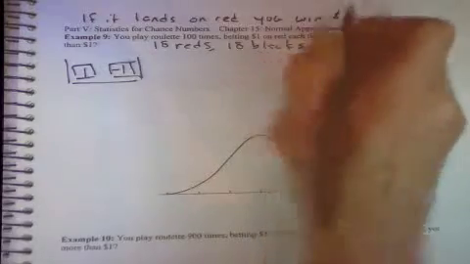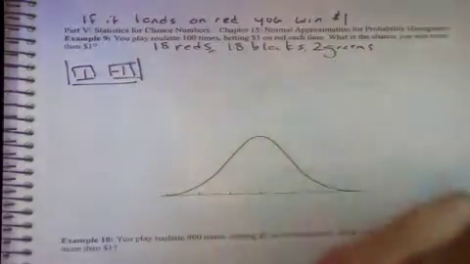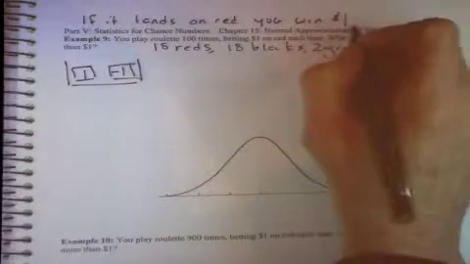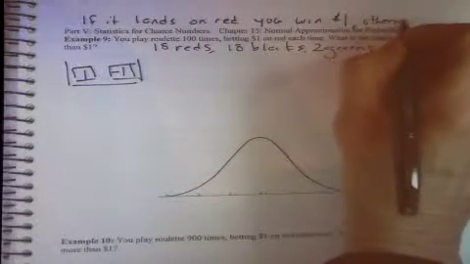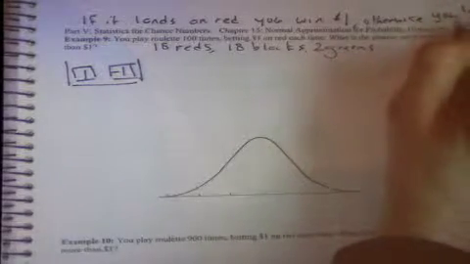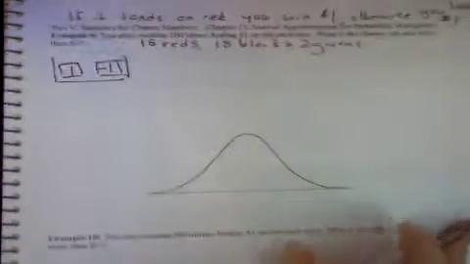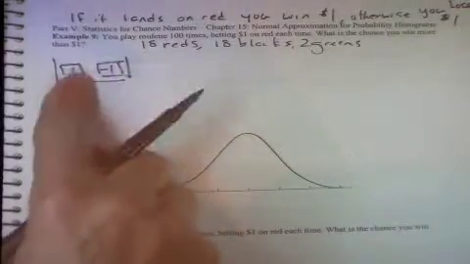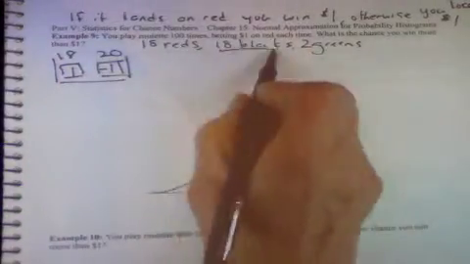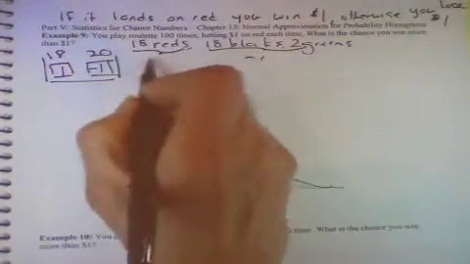If you bet $2, you'd win $2. If it lands on the other 20 slots, otherwise, you lose $1. Okay, that's how the game goes. So here's losing $1, 20 ways to lose. That's -1 and that's +1.